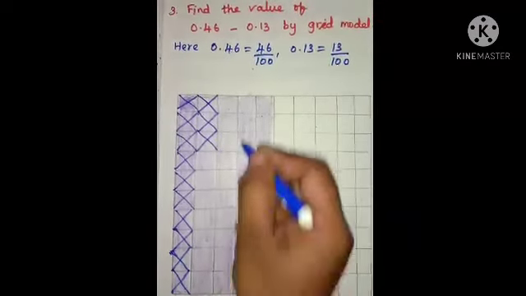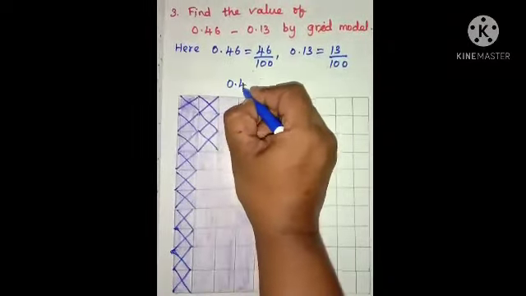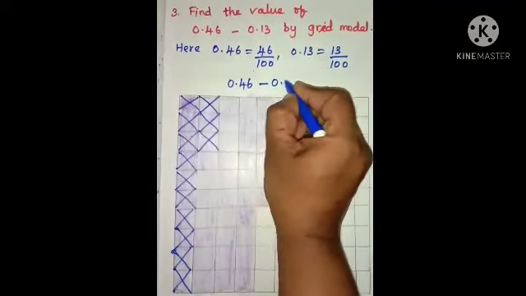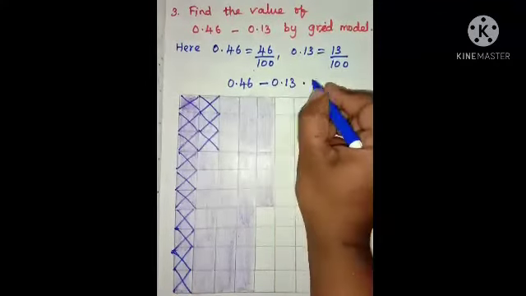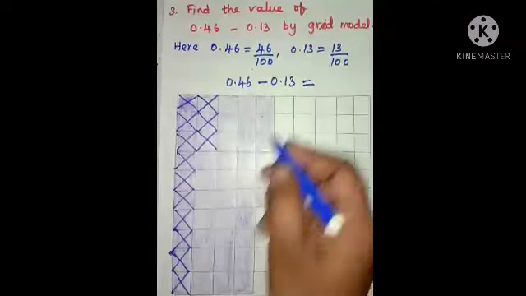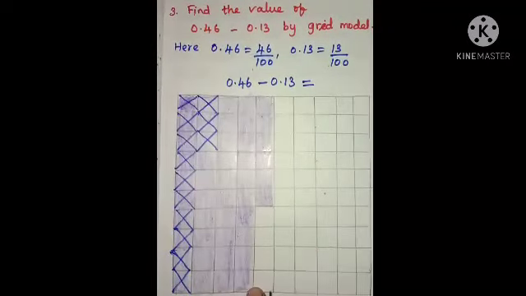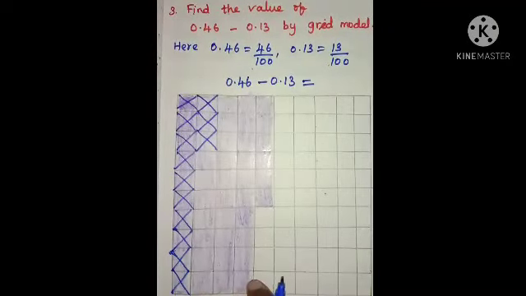Now children, 0.46 minus 0.13 gives the remaining shaded squares. How many shaded squares are remaining?